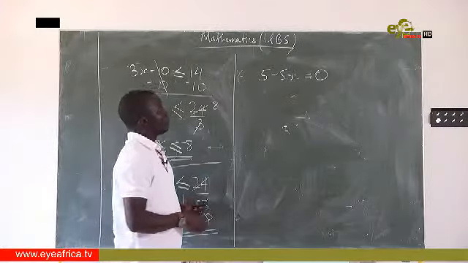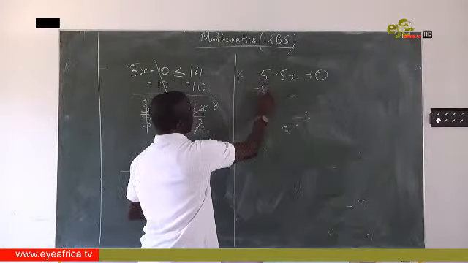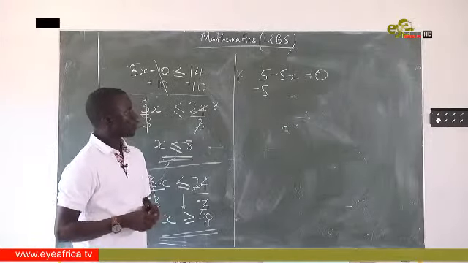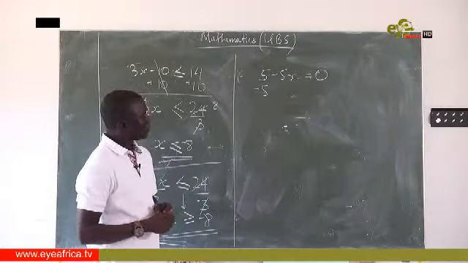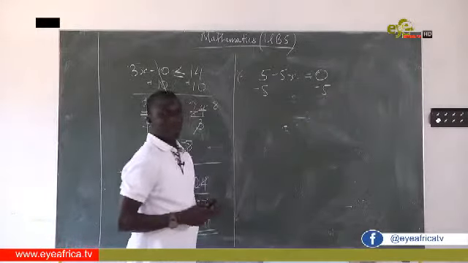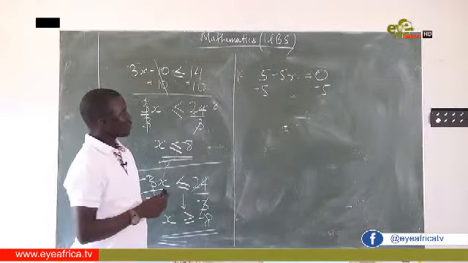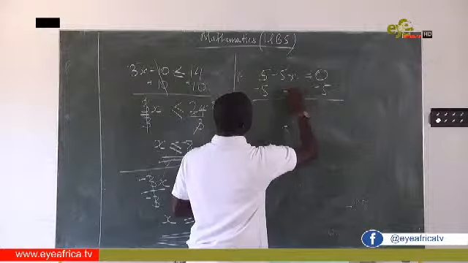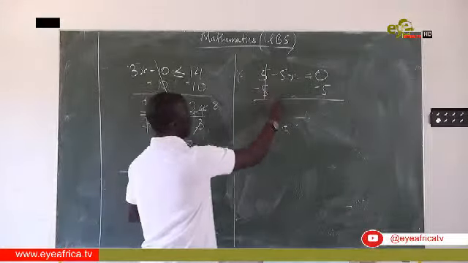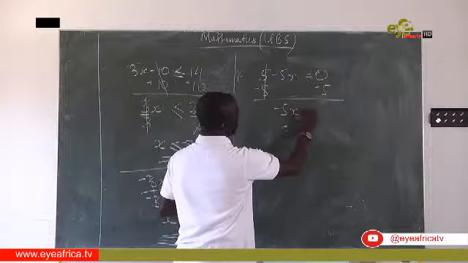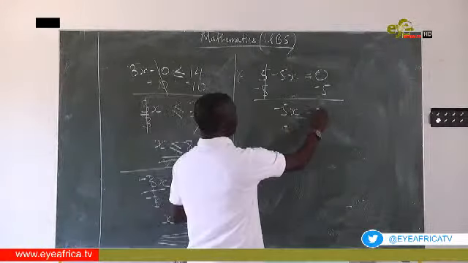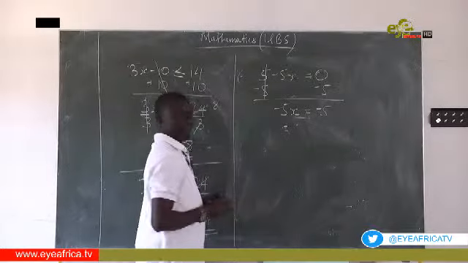We want to undo this 5. Why do we undo the 5? Because we want our variable to be alone. In doing so, we subtract 5 from both sides. Subtracting 5 from both sides, 5 cancels 5 here automatically. So we bring down our negative 5x, which is equal to negative 5 minus 0, which is negative 5. 0 doesn't change anything here.